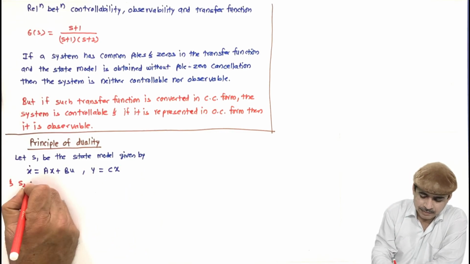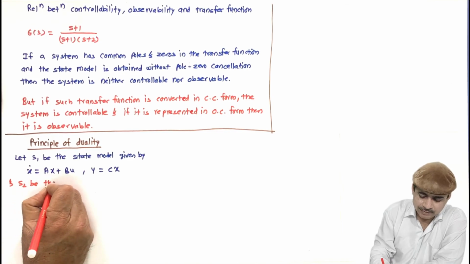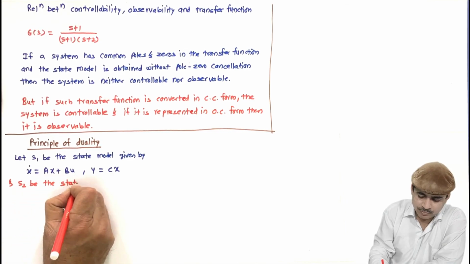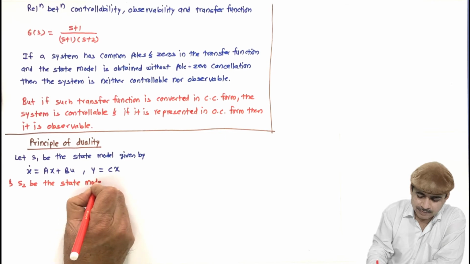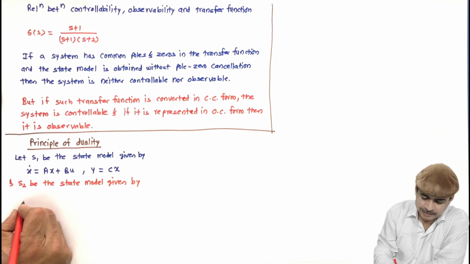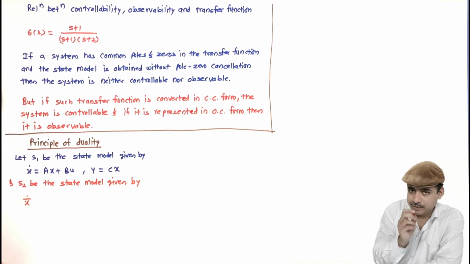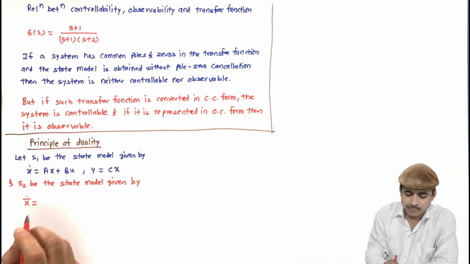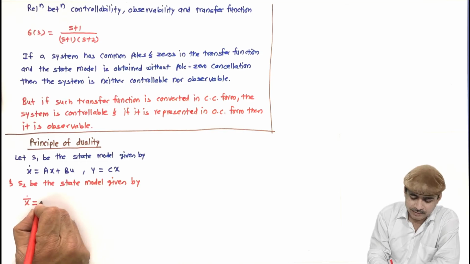and S2 be the state model given by, say, x bar dot. I will purposely write it as x bar because these two states are different.